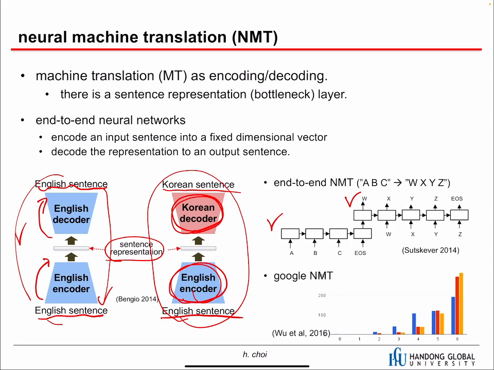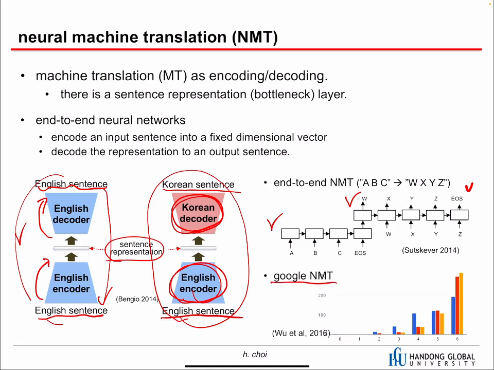And actually, the attention mechanism is better than the Google sequence to sequence model. Back then, in 2014 and 2015, they were in competition. But finally, Google took this attention mechanism based translation. So now the attention mechanism is dominant.